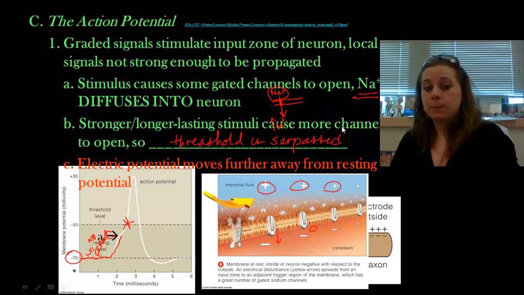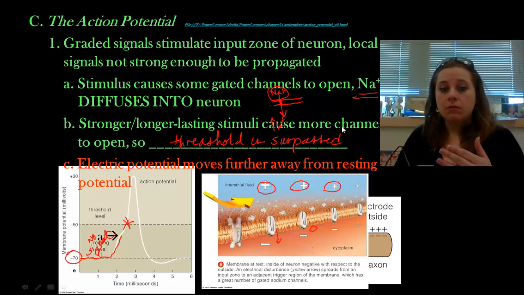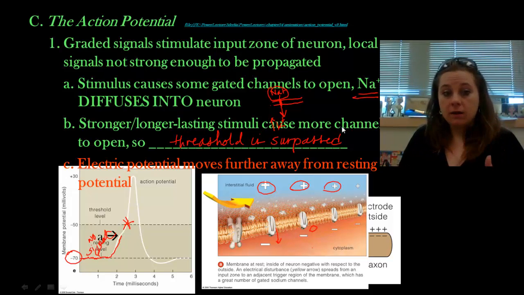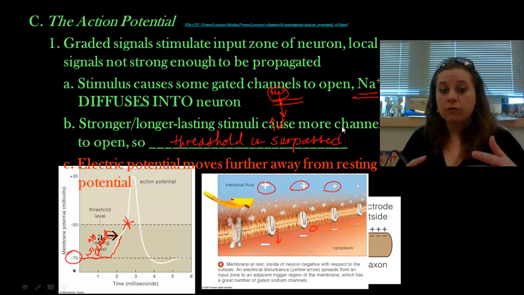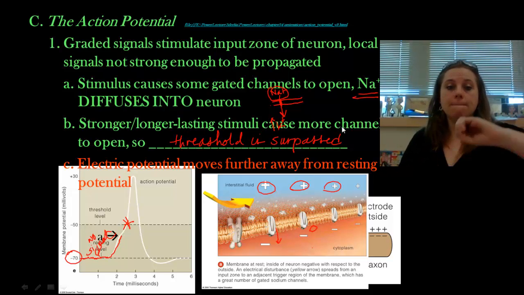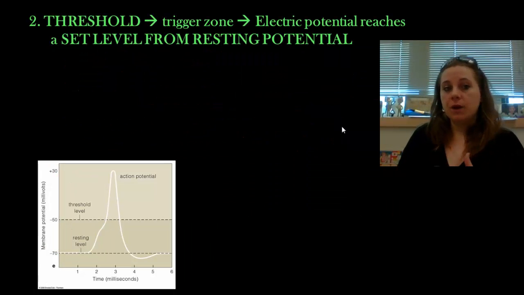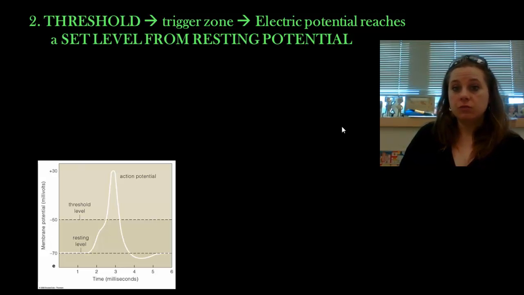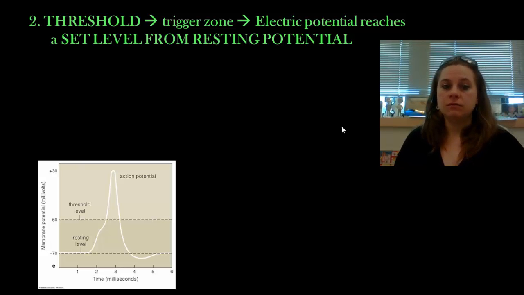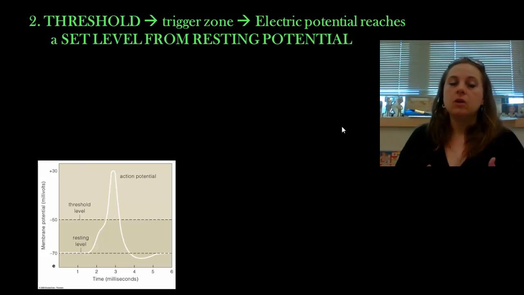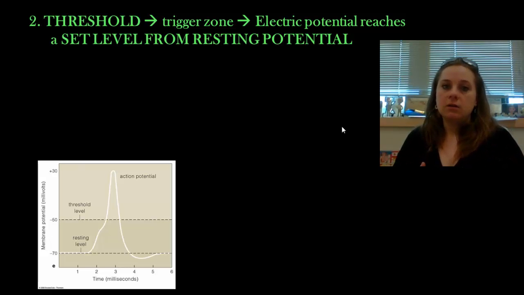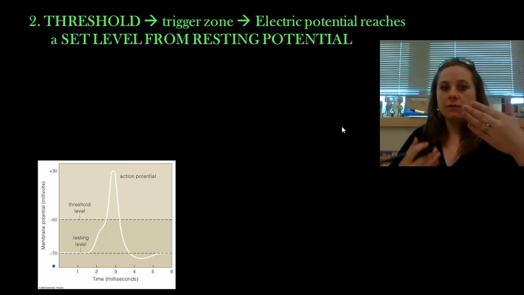The electric potential is going to move further away from the resting potential. We hit threshold, bam, we're going to get a signal. So here's the way the events go. We reach threshold at the trigger zone, and the electric potential moves away from the resting potential. So that's the route things have to take. We cause a shift, and then we have to reset it.